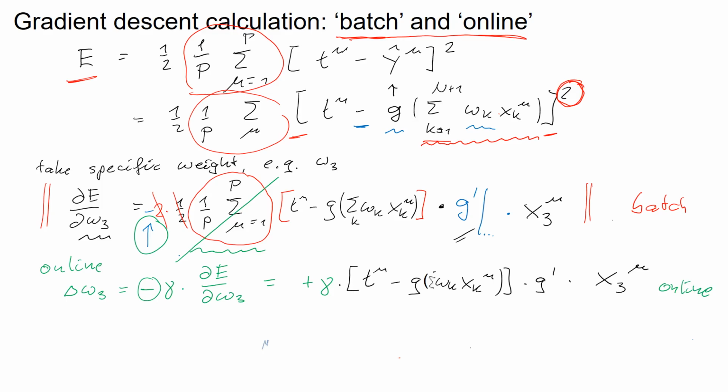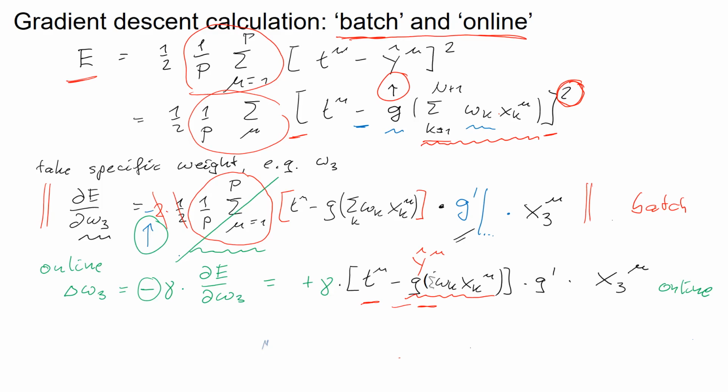Now what is g of sum wk xk? Well, we used it up here. That is just y hat mu. So I can also write it as t mu minus y hat mu.